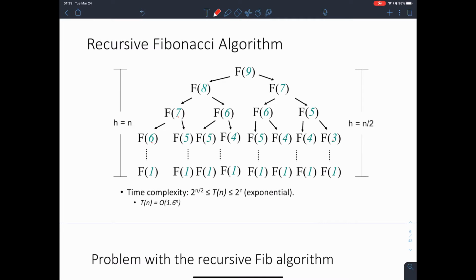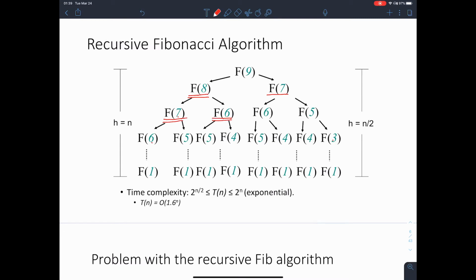If we try to find out what the ninth Fibonacci number is, what should we calculate? We should calculate the 8th Fibonacci number, and then the 7th Fibonacci number. For the 8th, we have to calculate the 7th and the 6th.